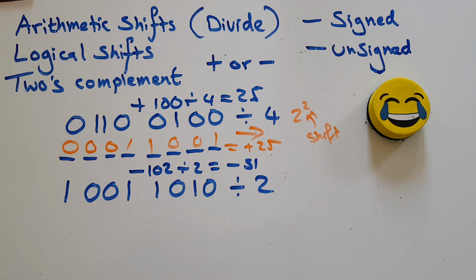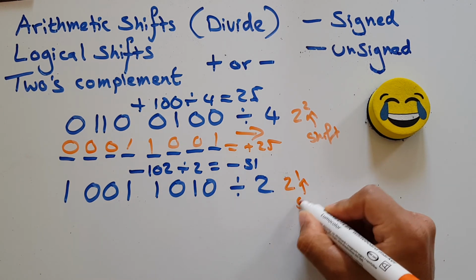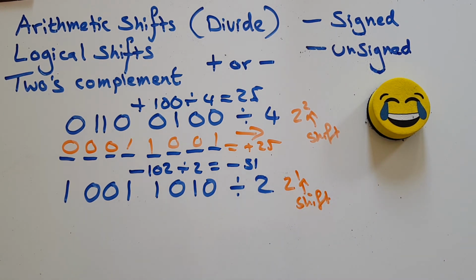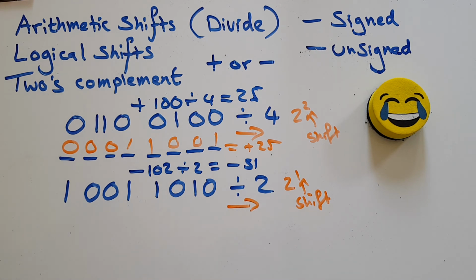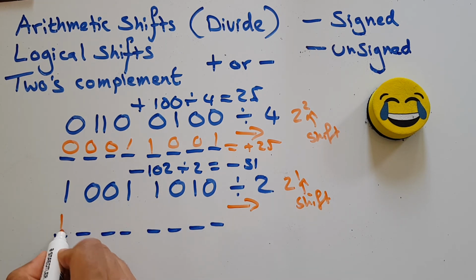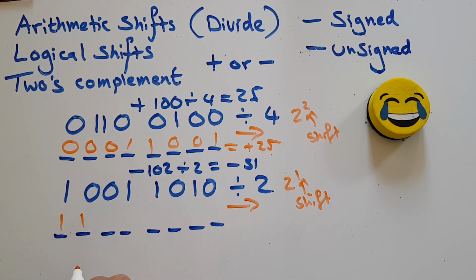Well, 2 is the same as 2 to the 1, which provides us with our shift. And a division means we're doing a right shift. Write out the place values. The MSB gets duplicated, and it also gets copied across 1 time there. Then we're shifting all the binary to the right by 1 place.